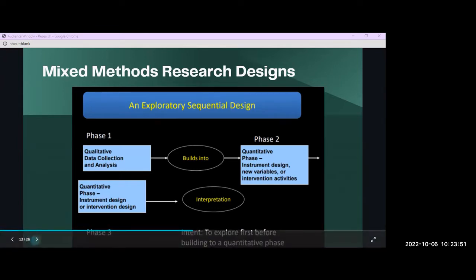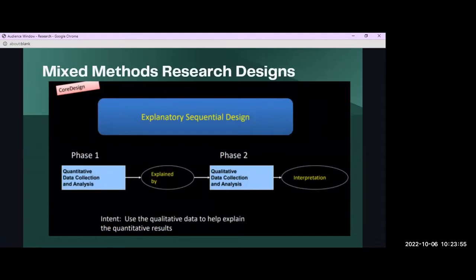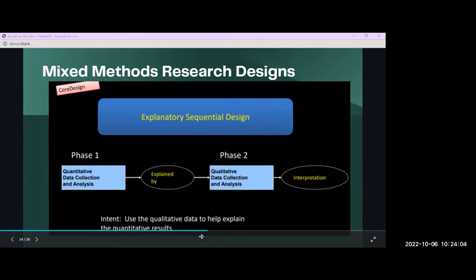Meron din tayong explanatory sequential design. So in an explanatory sequential design, the quantitative phase is the first phase. Okay? So that would mean that you conduct the survey at first, utilizing the questionnaire, utilizing the tool.